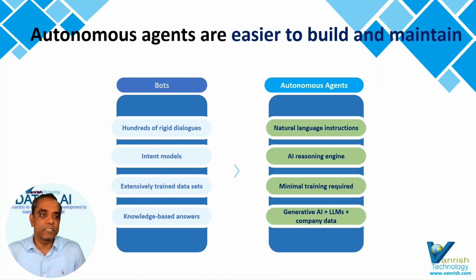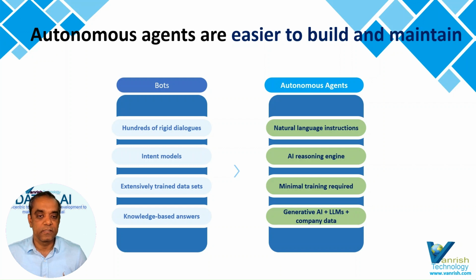So let's jump to the difference between the autonomous agent and bots. If you look at the right-hand side, the first point I mentioned is natural language instruction. It takes natural language instruction. As soon as you ask a question, it replies as if you're talking with a real person.